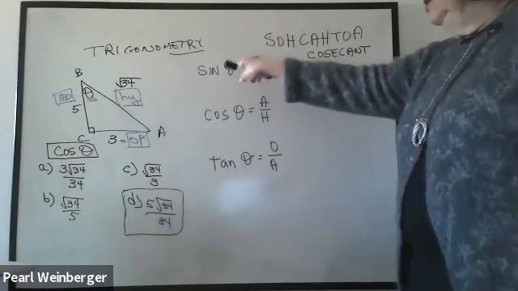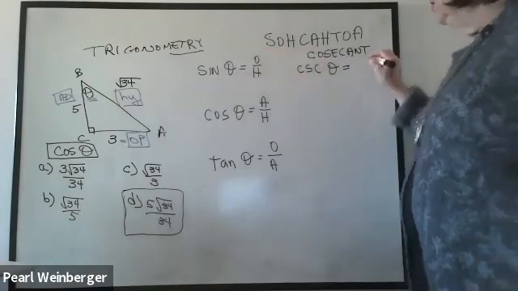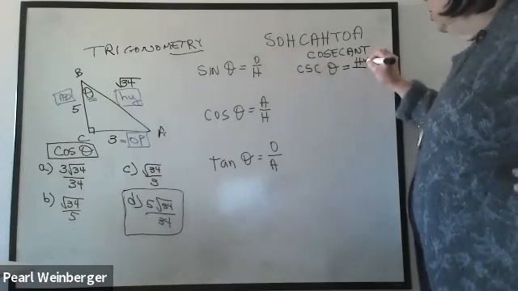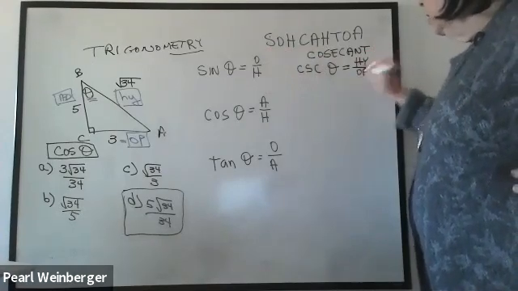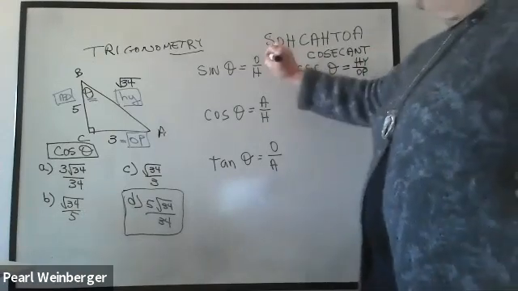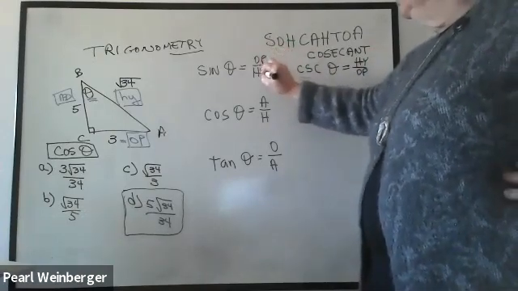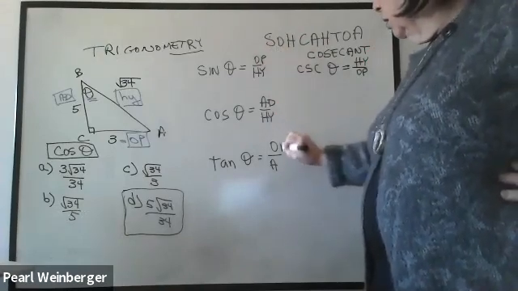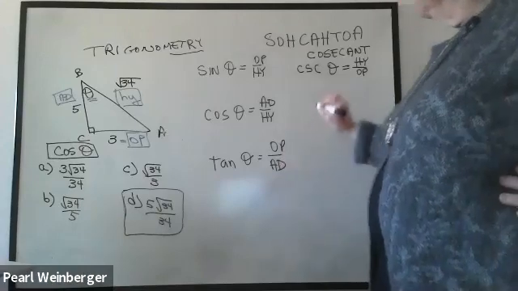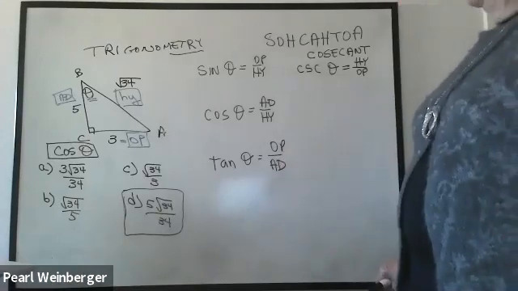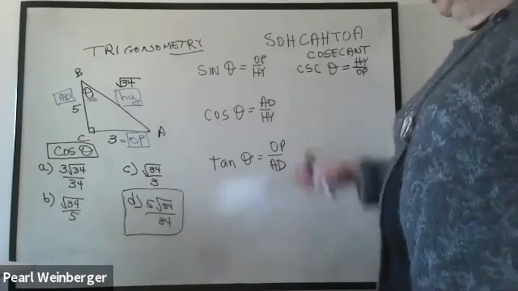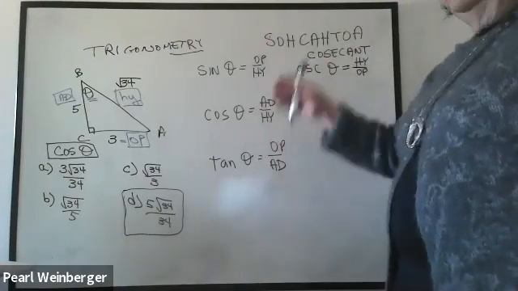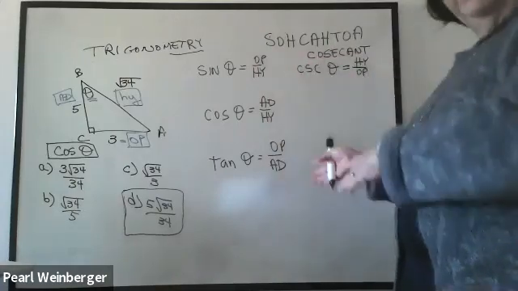In other words, the sine is opposite over hypotenuse, so the cosecant is the hypotenuse over the opposite. In other words, if I know that the sine is 3/5, for example, then the cosecant would be 5/3.